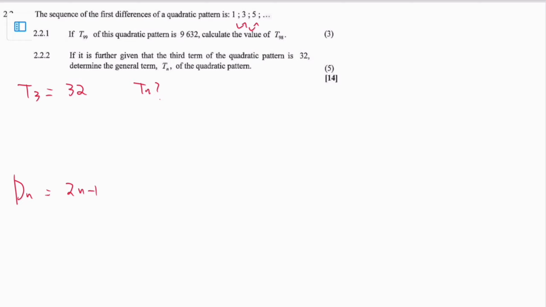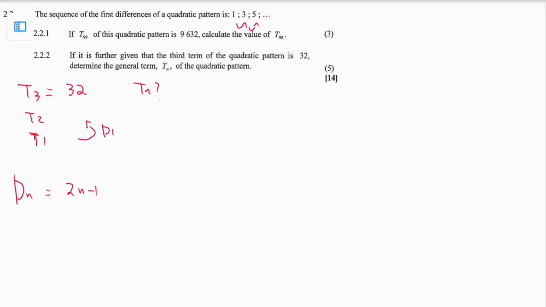Okay, so I'm going to do a few things. First of all, if I know what T3 is, I know what T2 is, and I know what T1 is, right? So let's do this. T1. So we know that to get from T1 to T2, we add D1.